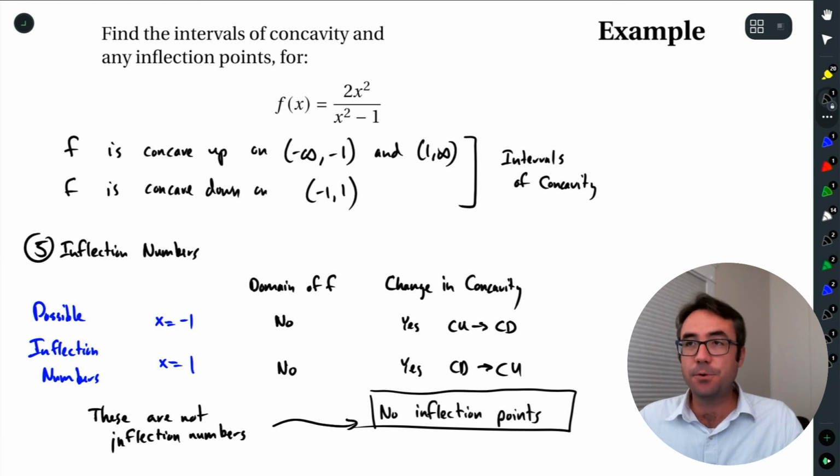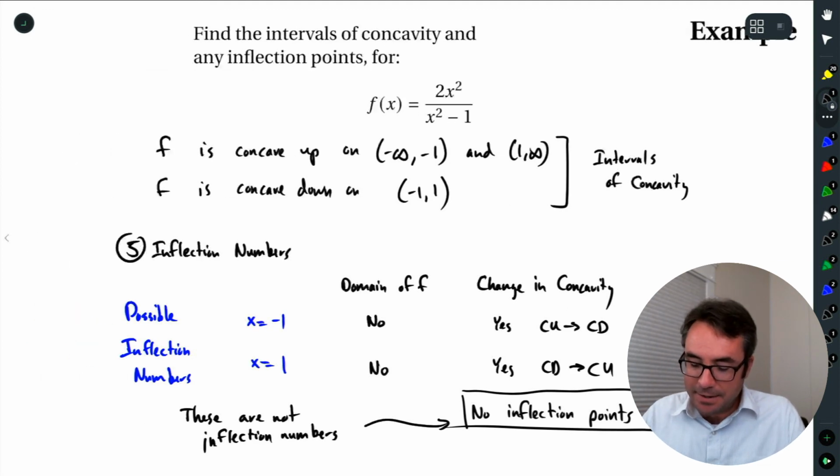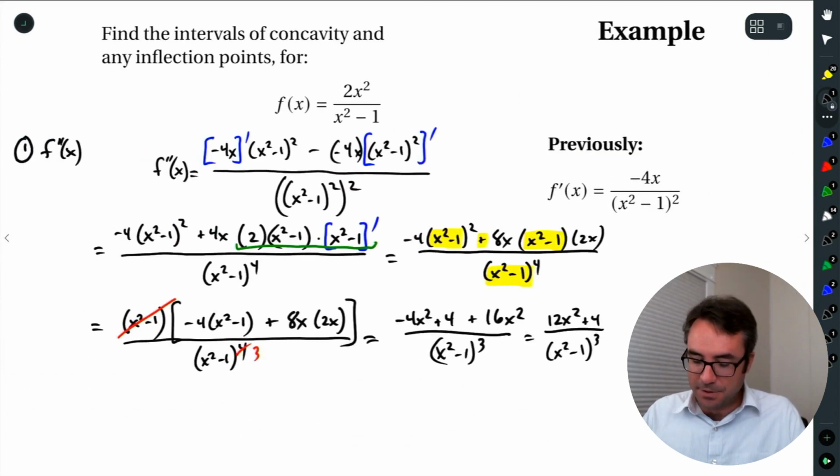All right, so that'll do it for our discussion of intervals of concavity and inflection points. And really the techniques here are very similar to what we did for the intervals of increase-decrease. So you just want to keep that in mind as a concluding thought here.